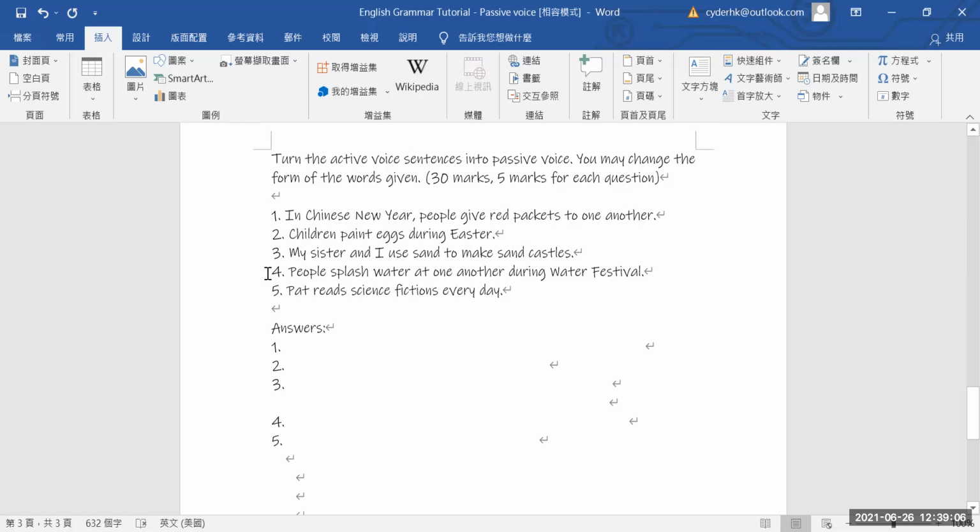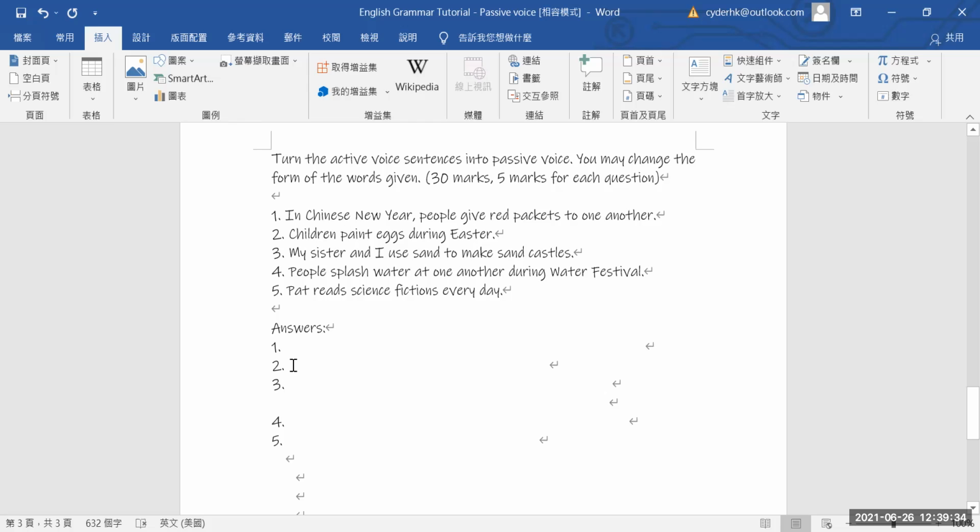So let's see. First question: in Chinese New Year, people give red packets to one another. "In Chinese New Year" is a word chunk. It's emphasizing the time, and it's also emphasizing that this is present tense, because it's a cycle. Chinese New Year happens every year. So we put "in Chinese New Year" at the very first of the sentence.